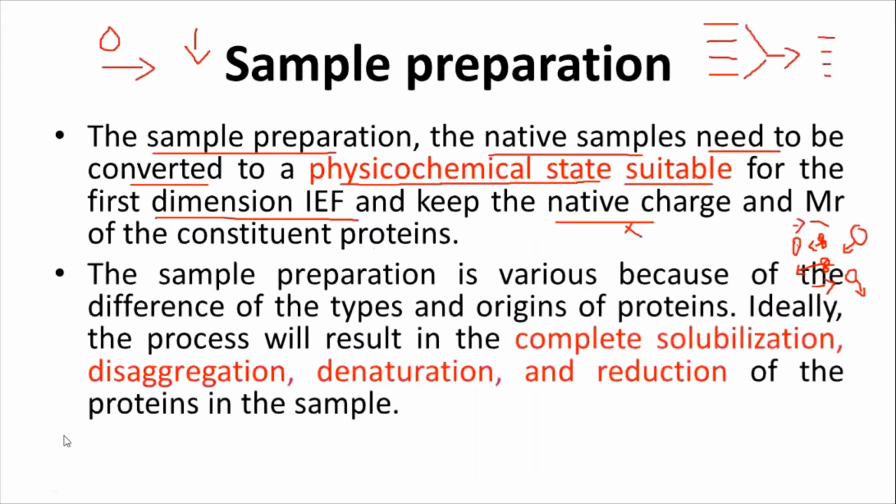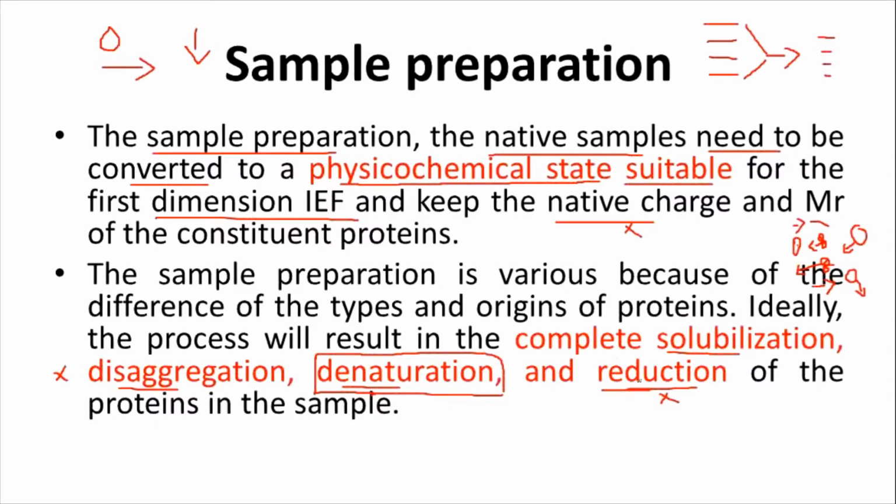Various methods are available for sample preparation, but generally used are solubilization, disaggregation, denaturation, and reduction. Before, we learned only the denaturation phenomena of the protein, but there are some other steps: solubilization, disaggregation. You prevent aggregation at the time of sample preparation, and also you maintain the rate of the reduction.